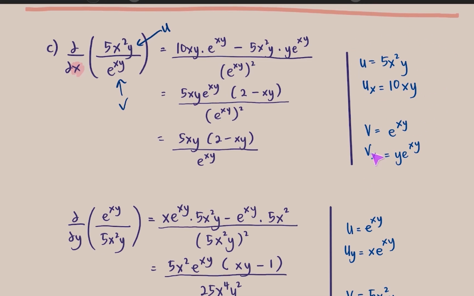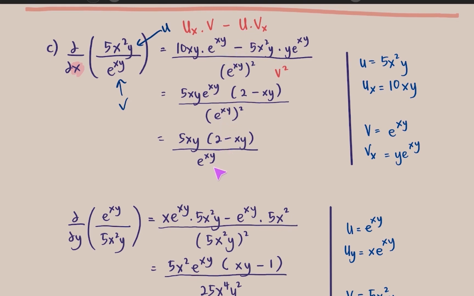This is practically the same as the derivative that we have found in B. So here, the formula is going to be ux times v minus u times vx, and this one divided by v squared. And then next, just plug in the one that we have gotten here into the formula.